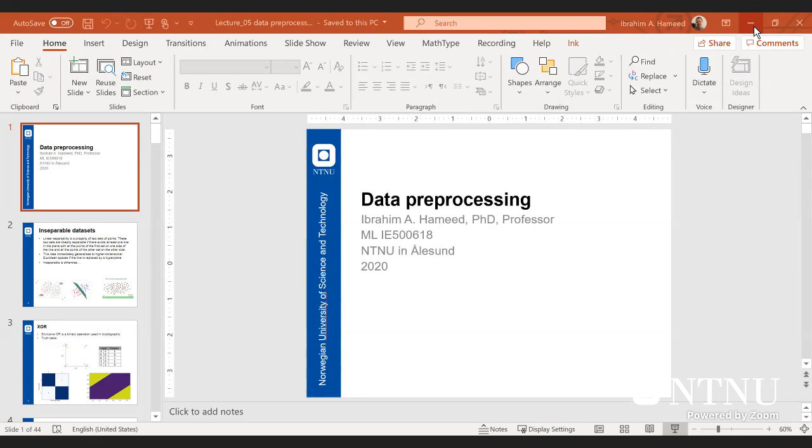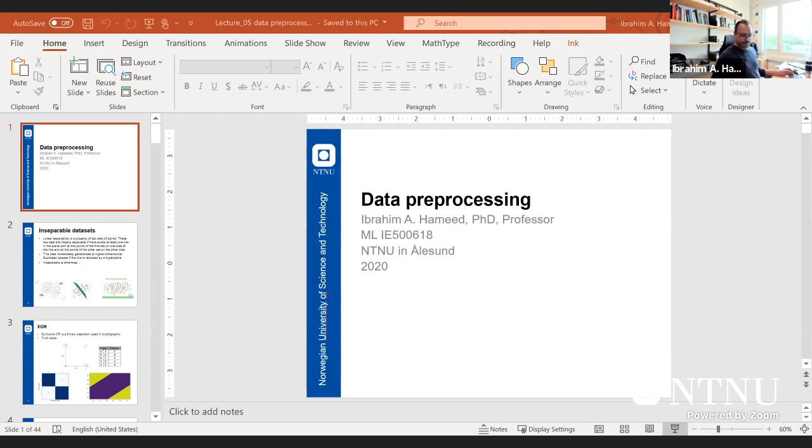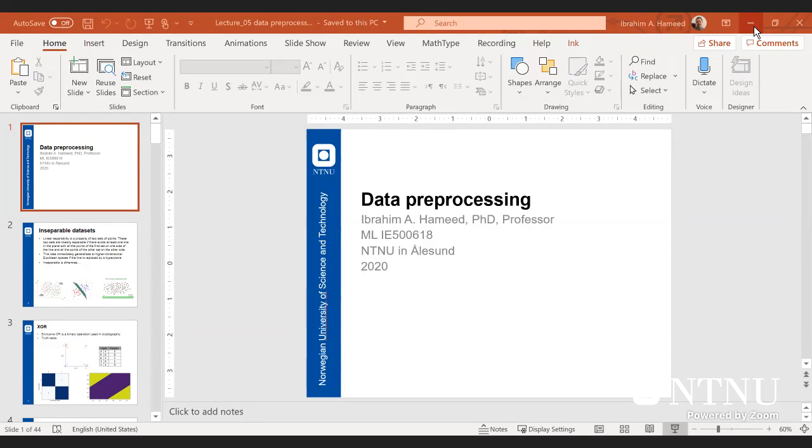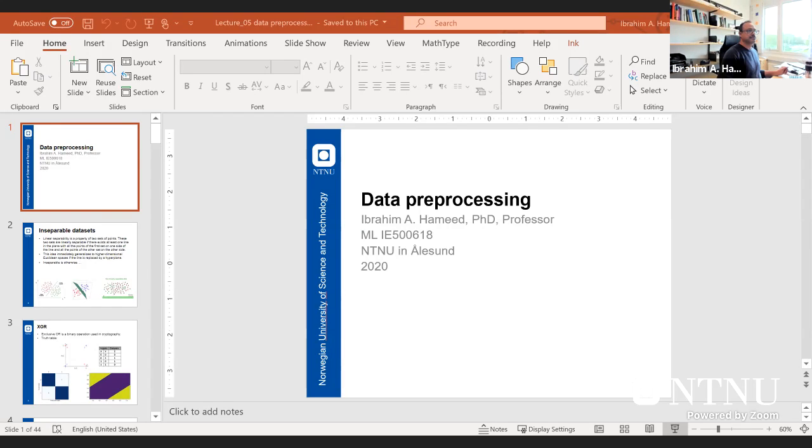You're only sharing the PowerPoint, though. Yes, only the PowerPoint. Can you see my PowerPoint with my annotation? No annotation, no. Okay. Maybe I can just close. You cannot see my PowerPoint?